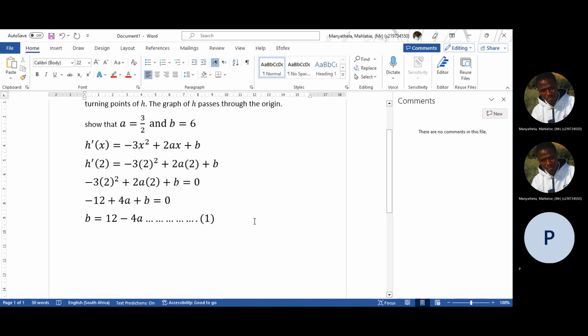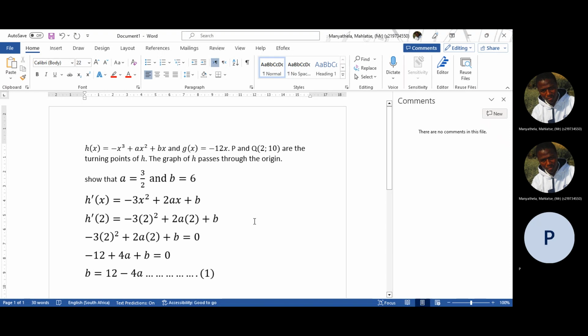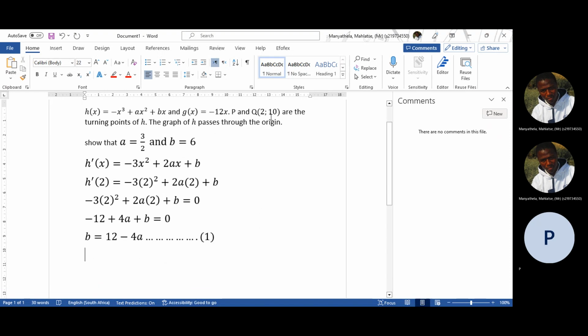So let's get our equation 2. We are going to take this x value, which is 2, and substitute it into the original equation, not the derivative.